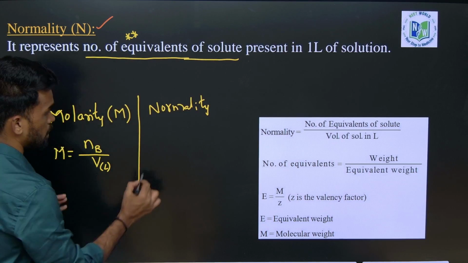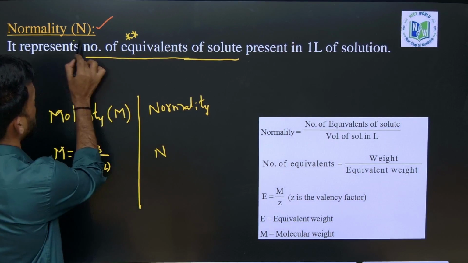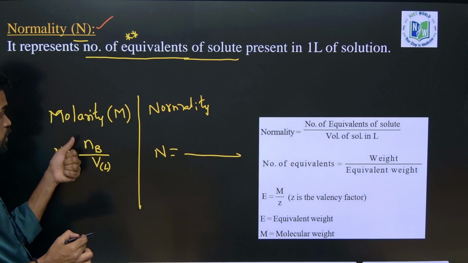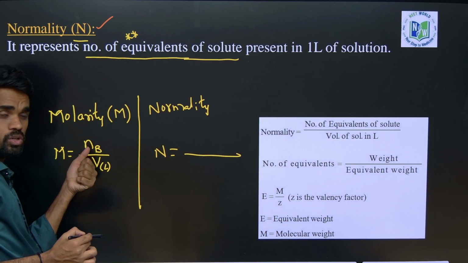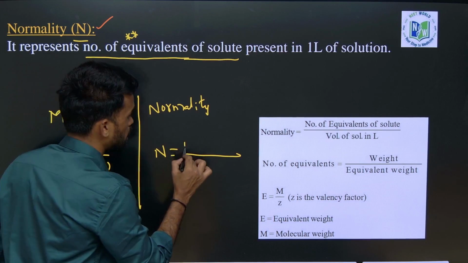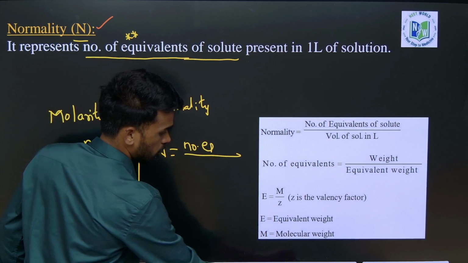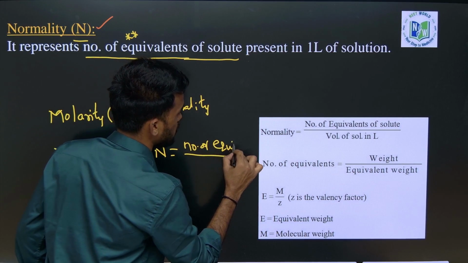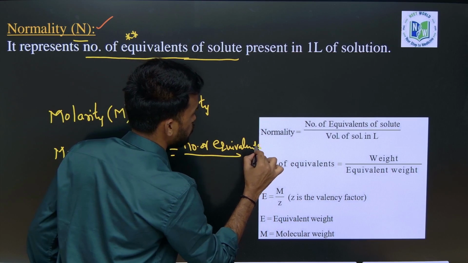Now normality is indicated with capital N, and it will be written like this. For molarity we said number of moles of solute divided by volume of solution in liters. Here you have to say number of equivalents of solute.